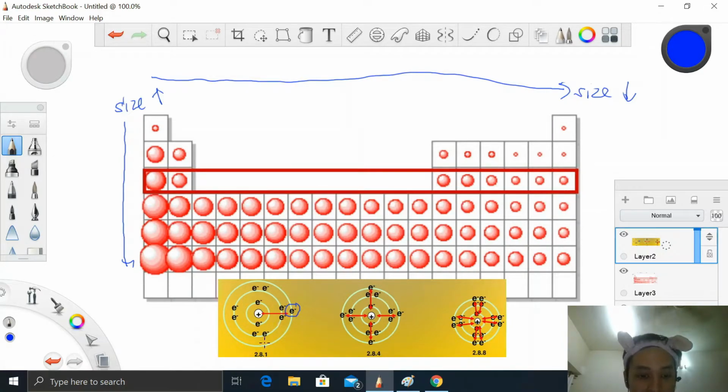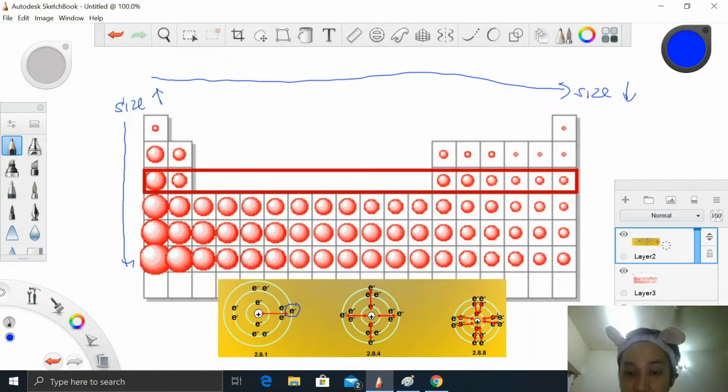As you go across from left to right, the number of valence electrons increases, and the number of protons is also increasing. Therefore, the attractive force is also higher. Since you have higher attractive force, you are going to pull the valence electrons nearer to the nucleus. As this happens, the size will become smaller.